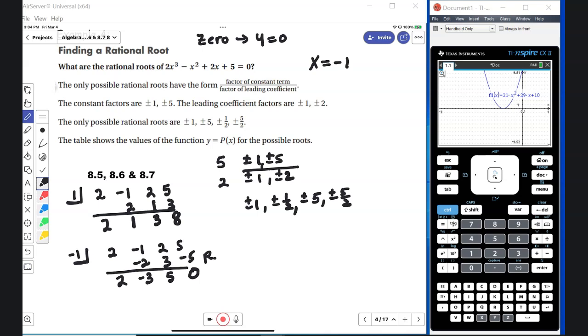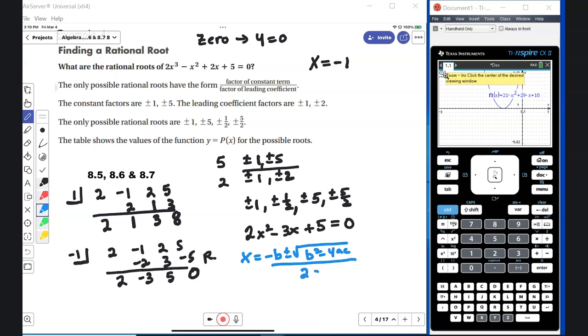So now I need to know what are the remaining roots. Well, I've already found one of them, so my new polynomial is 2x squared minus 3x plus 5 equals 0. Find the zeros using the quadratic formula. So you have x equals negative b plus or minus the square root of b squared minus 4ac, divided by 2a.